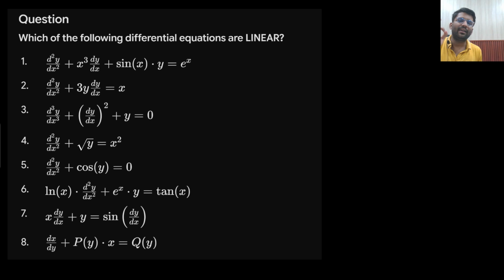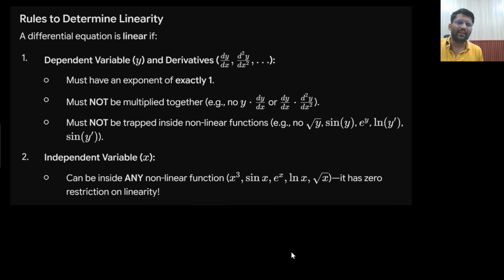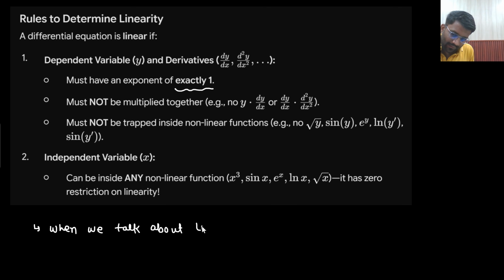What is the meaning of a linear differential equation? So here are the rules. They should have the maximum power of 1. That means dy by dx. And when we talk about linearity, y also matters.